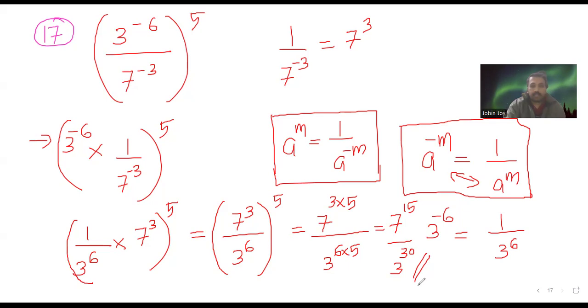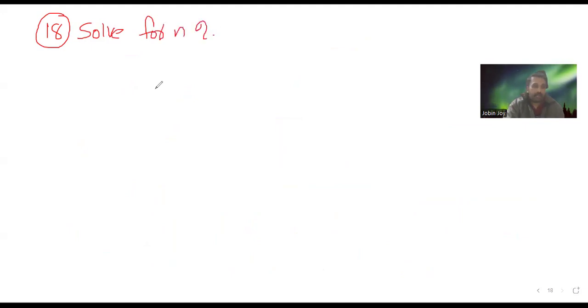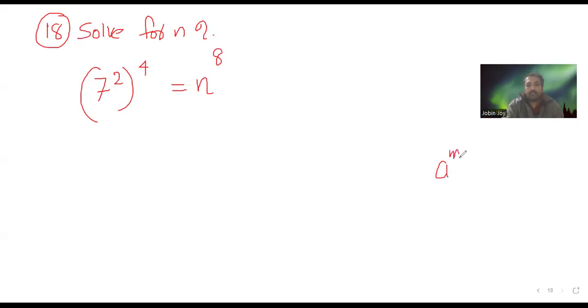Next question. Question number 18. Solve for n. What is the value of n? 7 squared, the whole raised to 4, equals n raised to 8. So first, LHS is in the form of a raised to m, the whole raised to n.